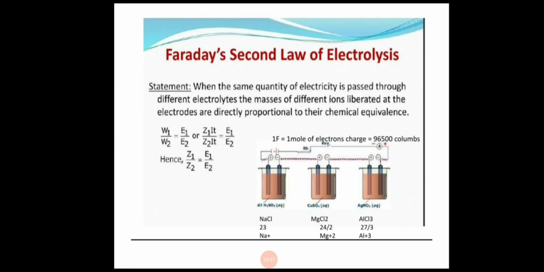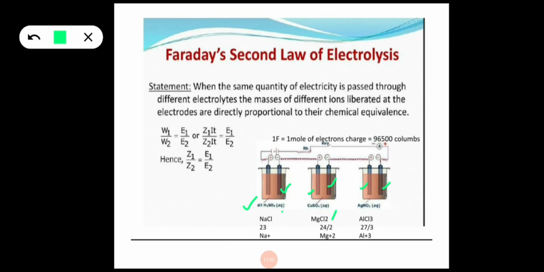But this does not mean that for sodium ion, one equivalent of sodium and one equivalent of chlorine will be deposited. Again here one equivalent of magnesium and one equivalent of chlorine, one equivalent of aluminum and one equivalent of chlorine will be deposited here. But this does not mean that the sodium ion and chloride ion here are passing with the same speed, and the magnesium ion and chloride ion in this solution are passing with the same speed.